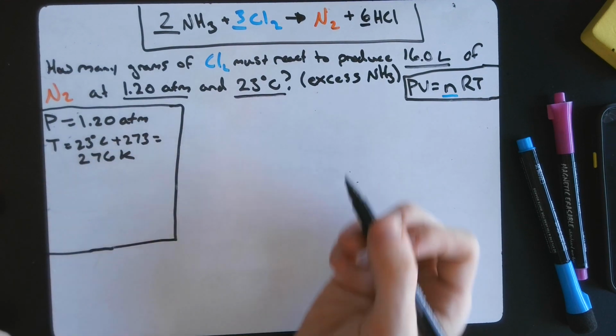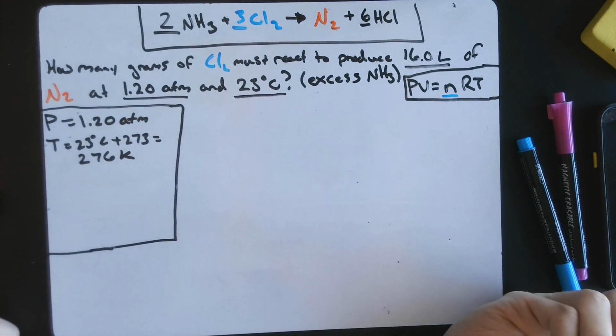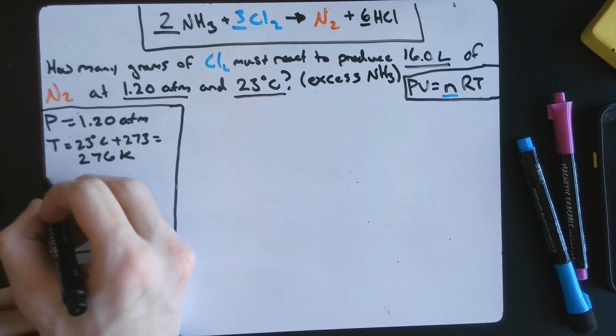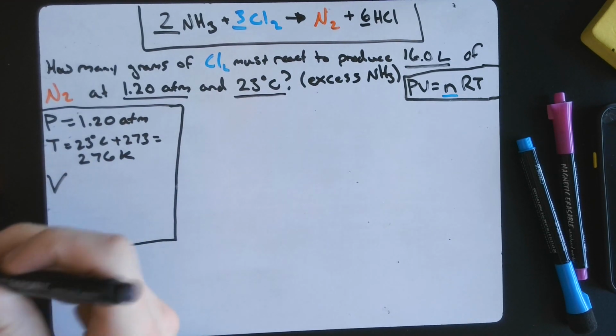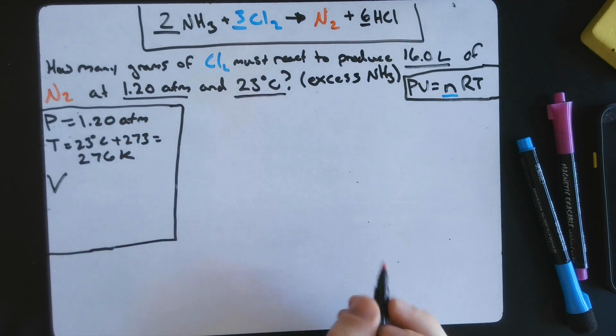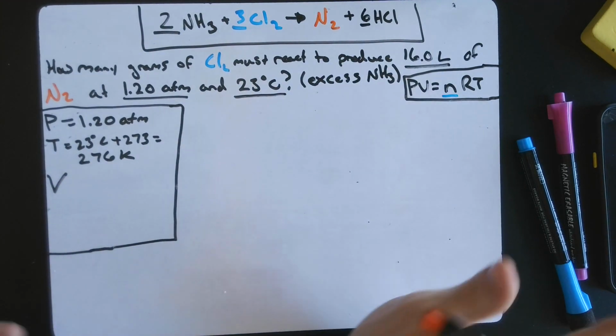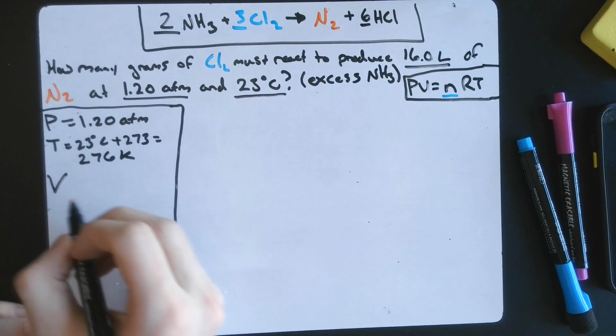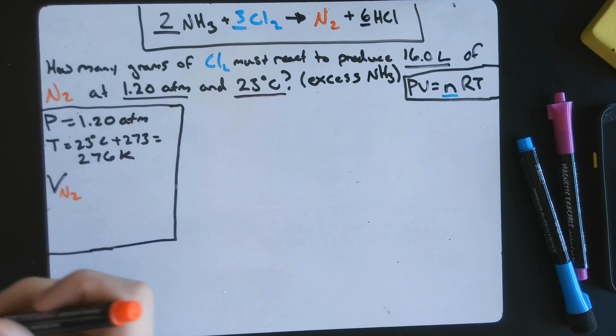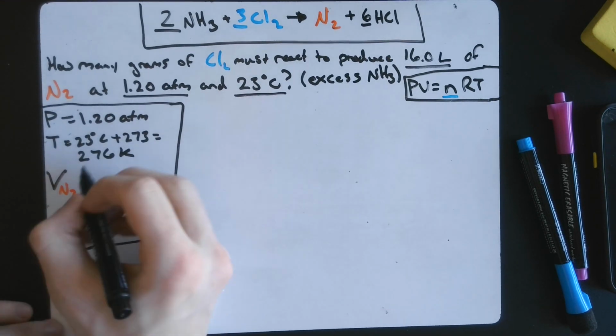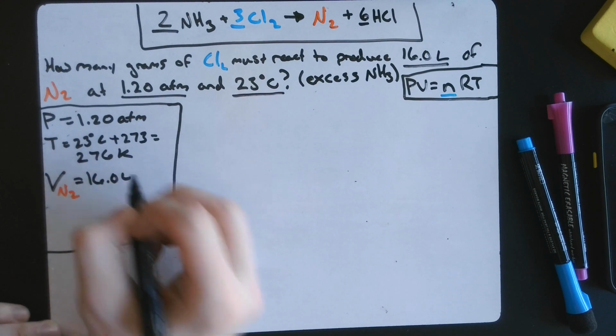Okay, so we have pressure, we have temperature. What are we forgetting? Well, we were given volume, but this is where I would maybe keep close track of where that volume is. This is going to be volume of nitrogen, right? And the volume of nitrogen here is 16.0 liters.